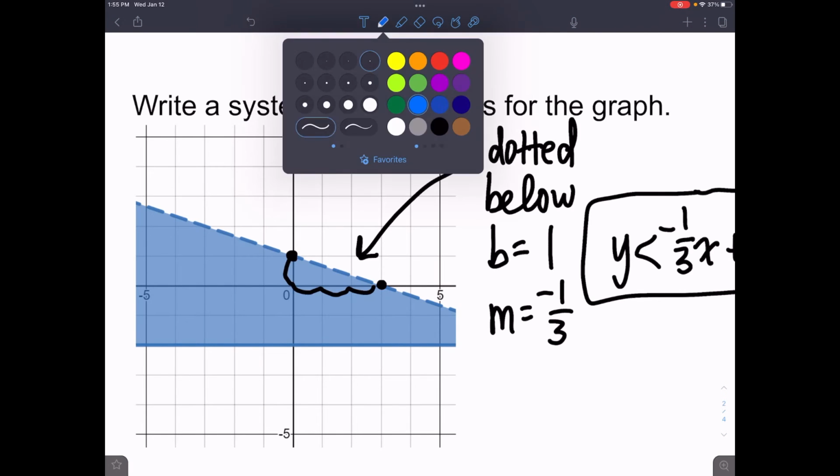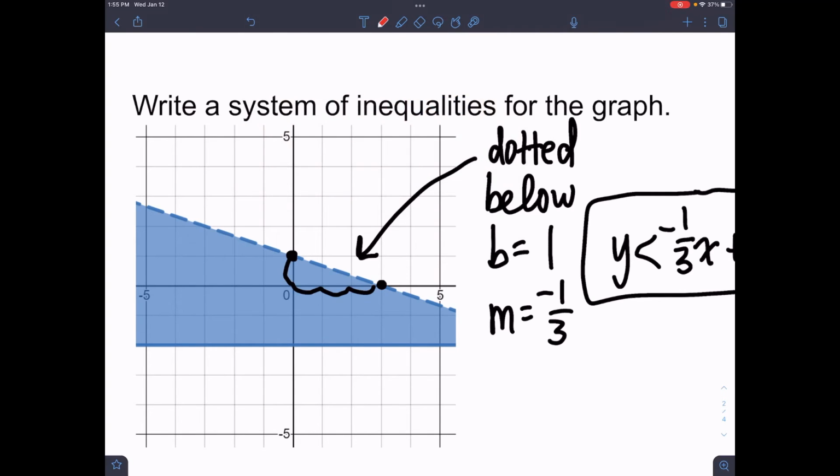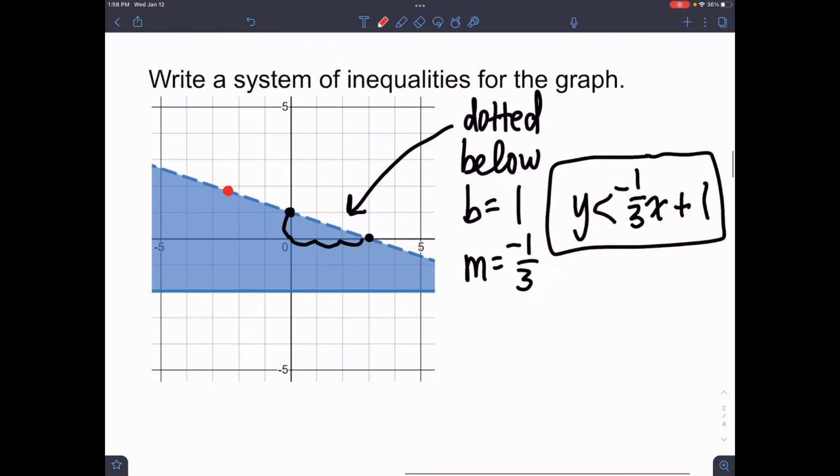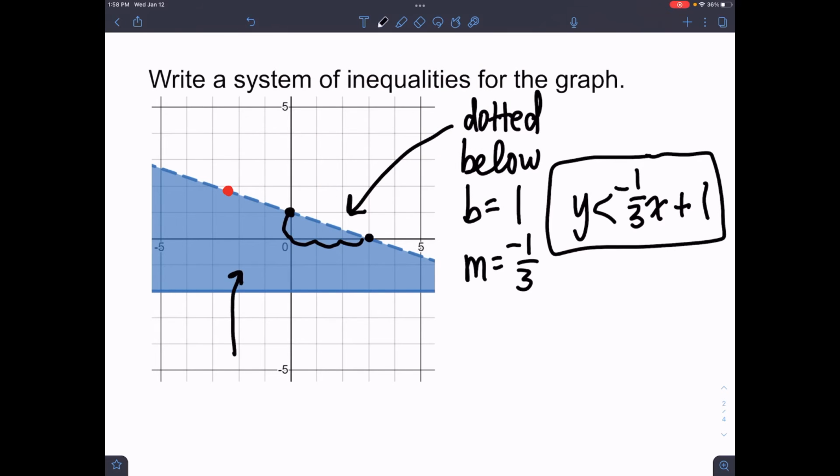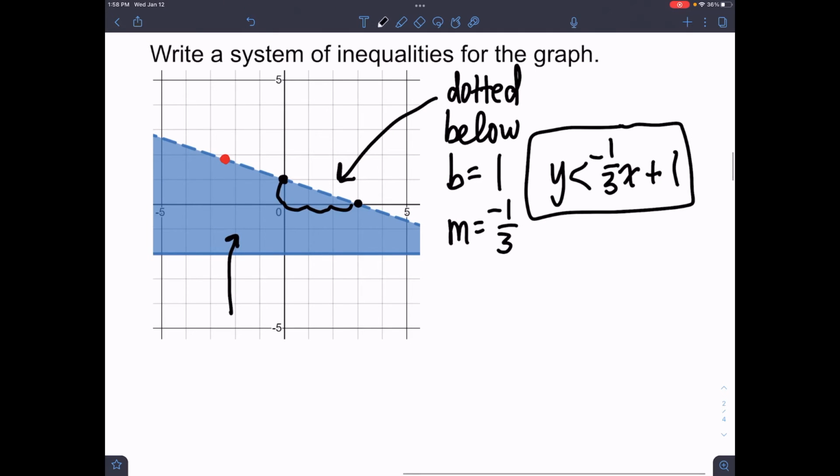And what that means is, this blue region is all of our answers, but if you had a point that was right here on this line, all right, and then for this other line, we see that it is horizontal.